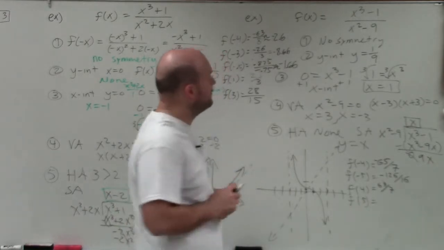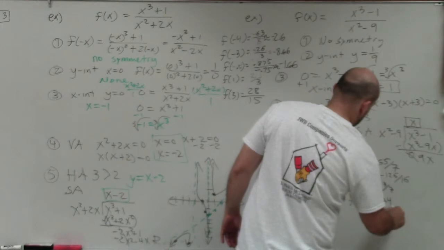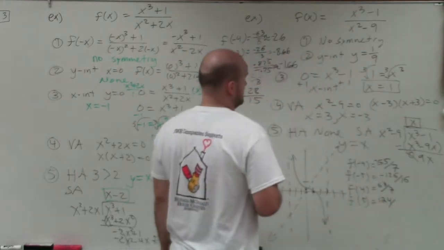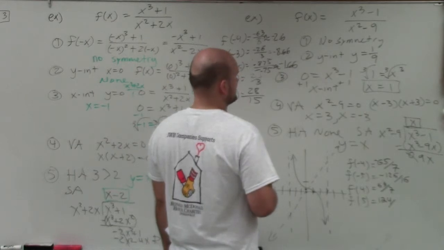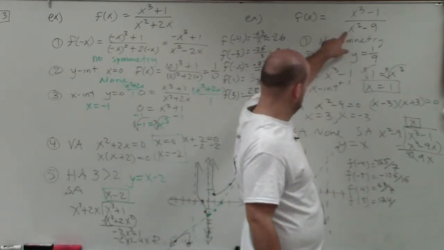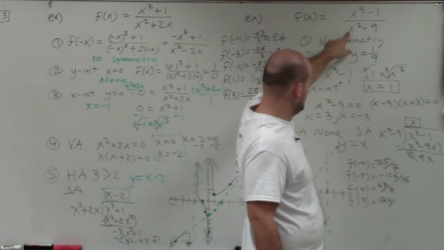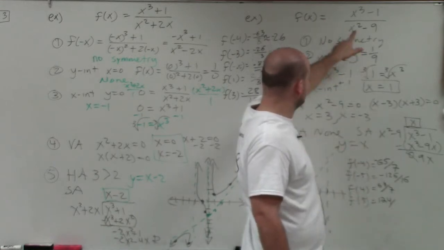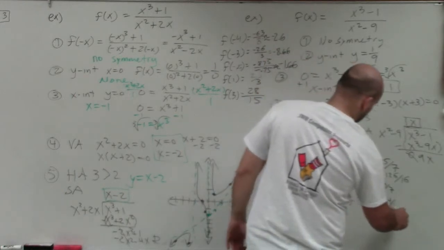And then 5 would be 125 minus 1, which is 124, over 25 minus 9, which is 16.